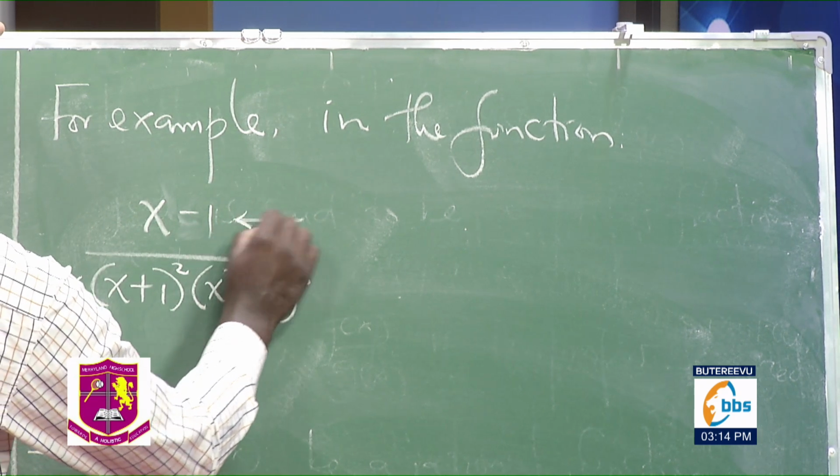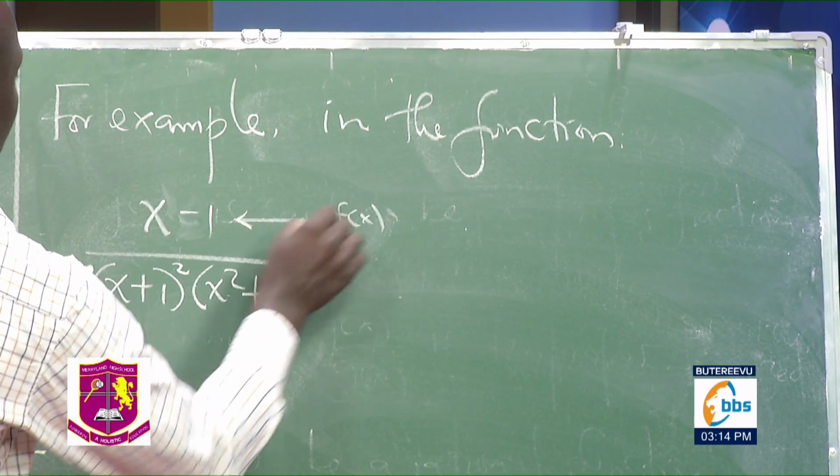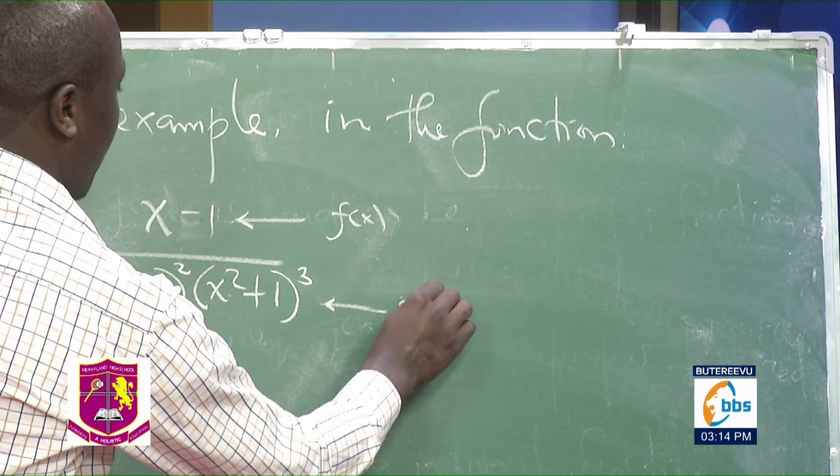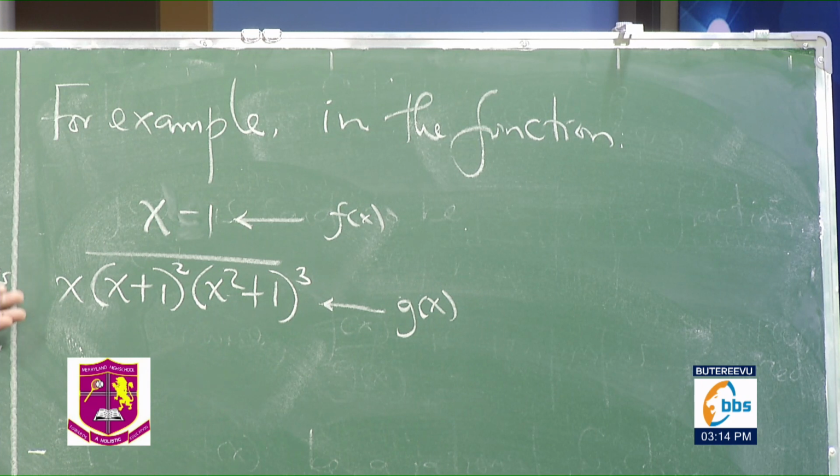This is what we are taking as our f of x. And this polynomial down here is what we are taking as our g of x. Of course, when you open up those brackets, you're going to end up with a polynomial because the product of polynomials will always give a polynomial.